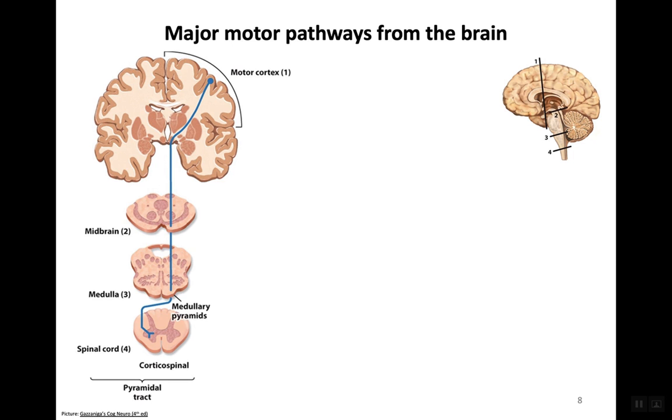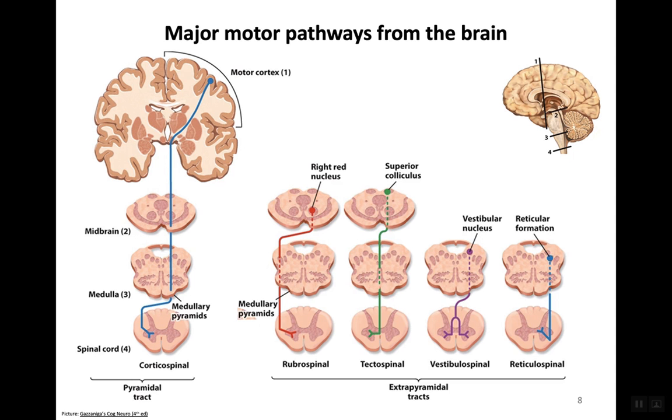However, this is not the only tract responsible for motor control. So, for instance, another part of the pyramidal tract not shown here is the corticobulbar tract, which is responsible for the movement of the neck and the head and the face. In addition to the pyramidal tract, we also have extrapyramidal tracts.